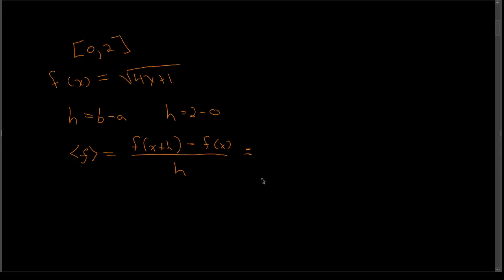So substitute in 2 for h. And upstairs you're going to get 4 times x plus 2 plus 1 minus 4x plus 1 all over 2, because that's what we found for h.